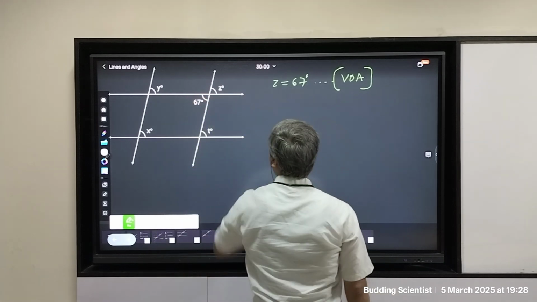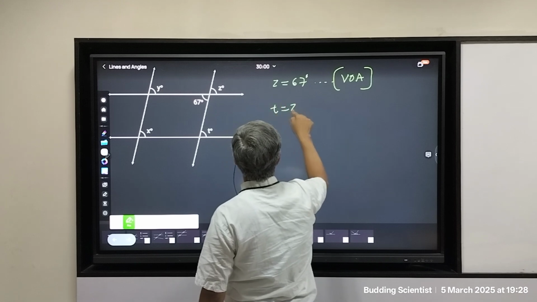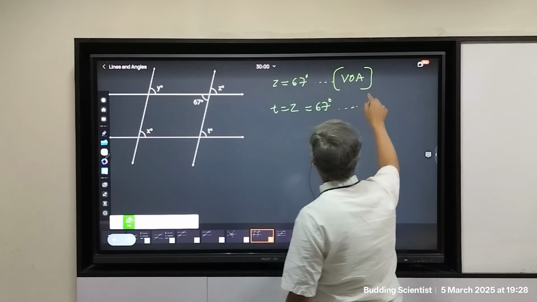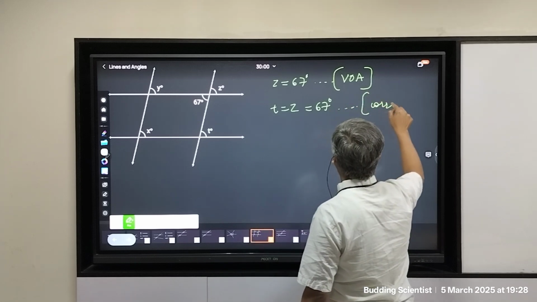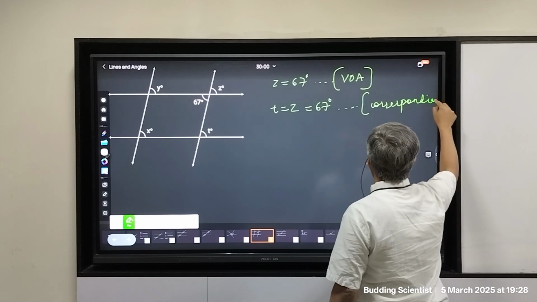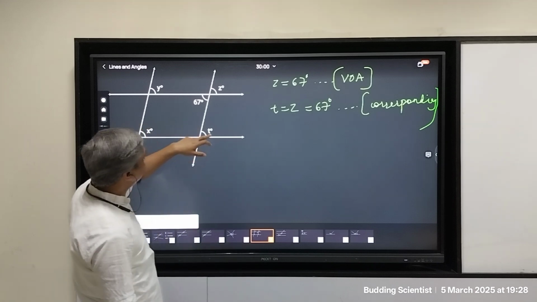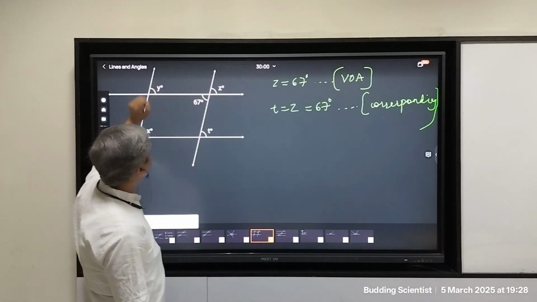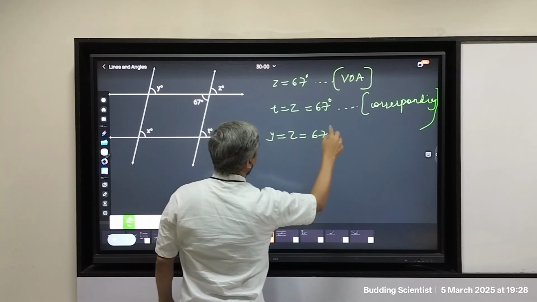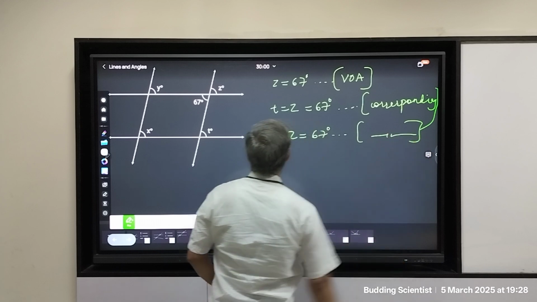Z is 67 degrees. If Z is 67, T will be 67, because they are corresponding angles. If T is 67, if Z is 67, Y is also 67, because these two angles are also corresponding angles.